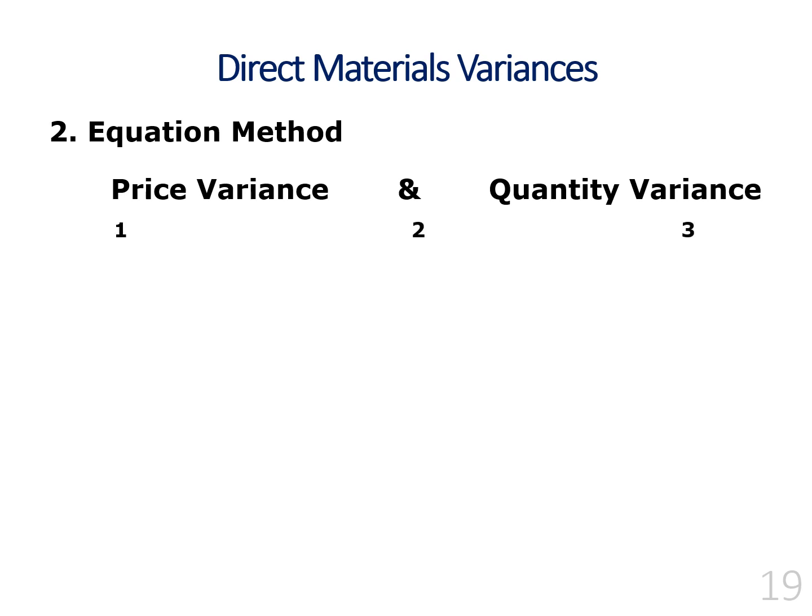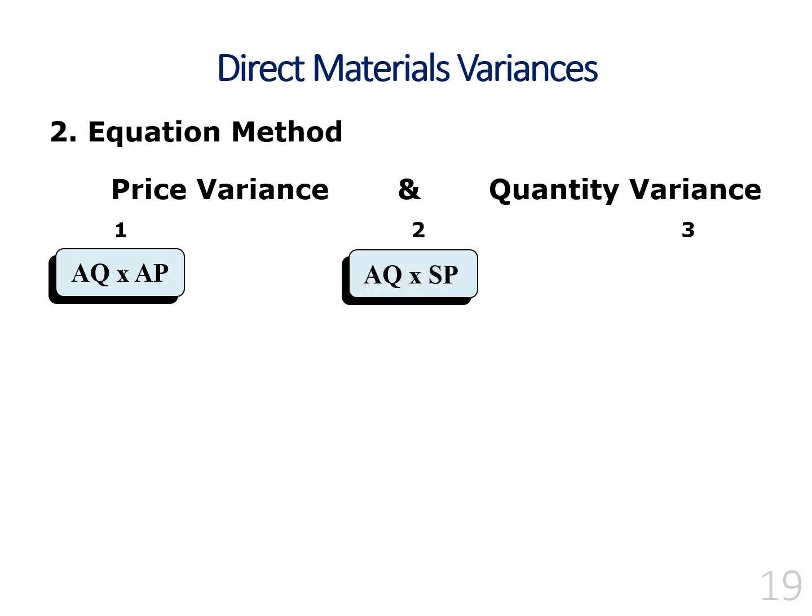They are comprised of three groups. First group is AQ multiplied by AP. Second group is AQ multiplied by SP. And the third group is SQ multiplied by SP. Those are from the bar method just now.